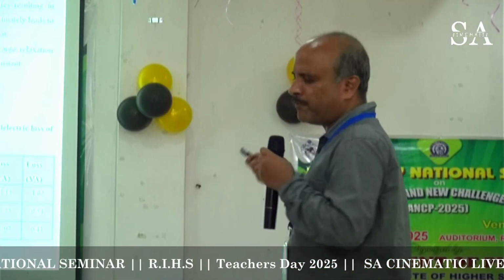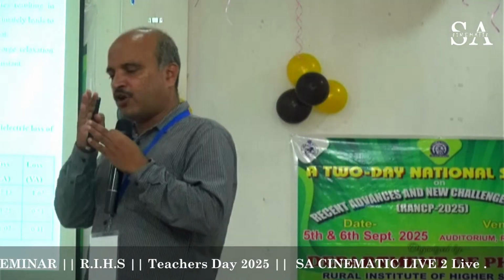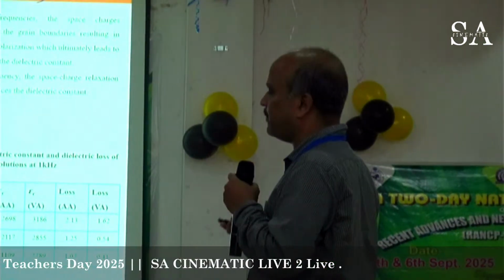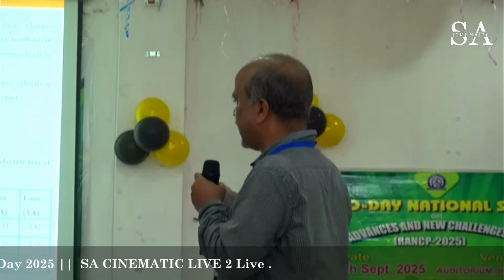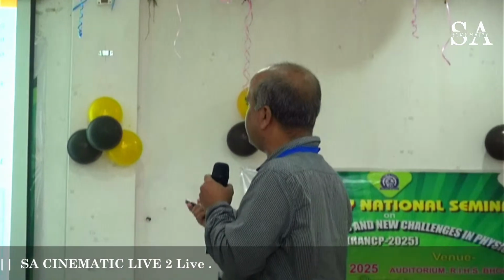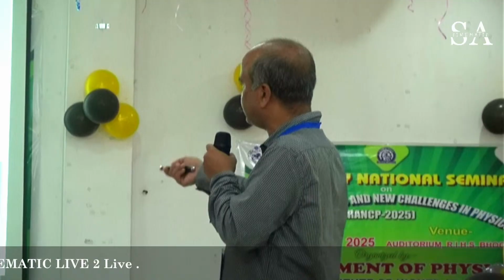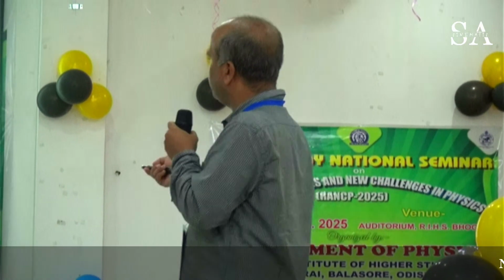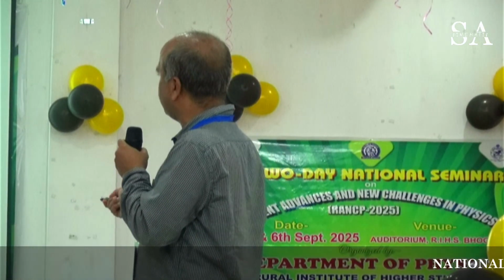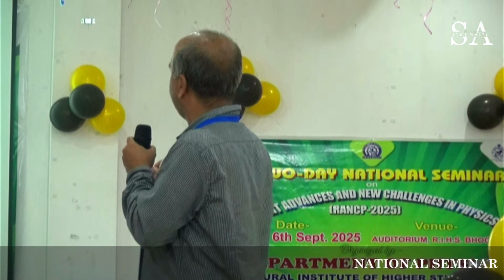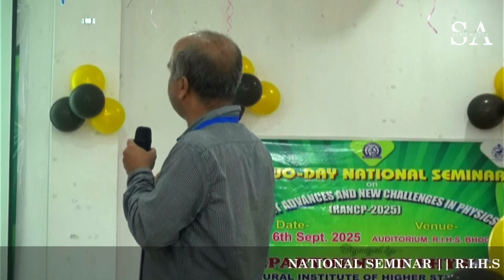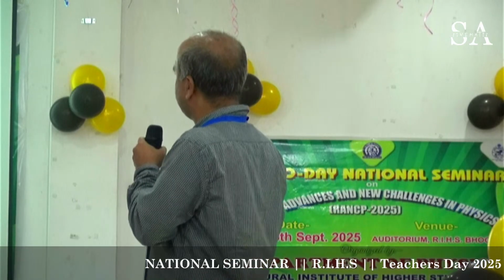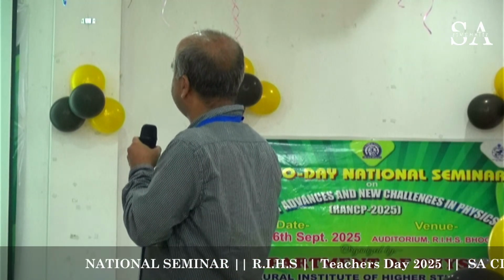Then for electrical properties, I will concentrate on the electrical and magnetic properties. The electrical property is used for calculating the dielectric constant and the dielectric loss at particular frequencies. At lower frequencies, space charge leads to polarization, which results in the increase in the dielectric constant.